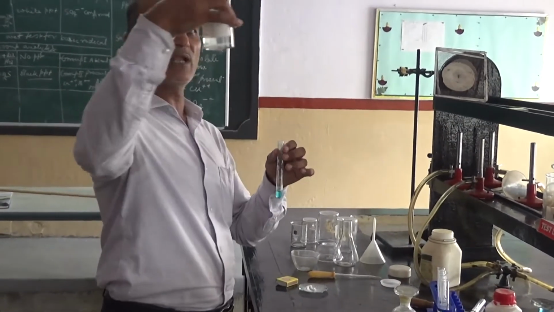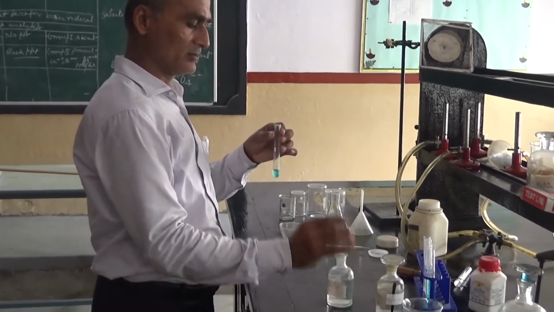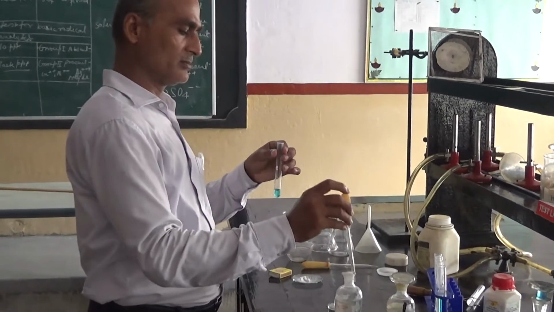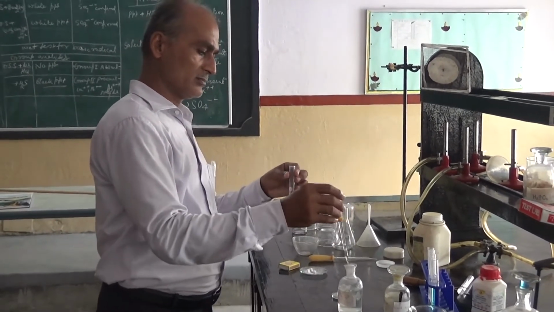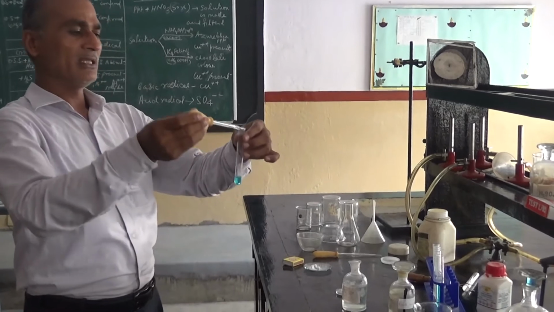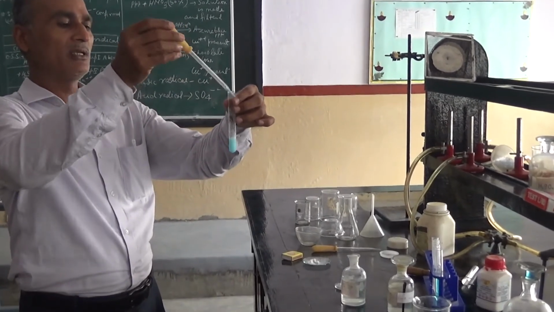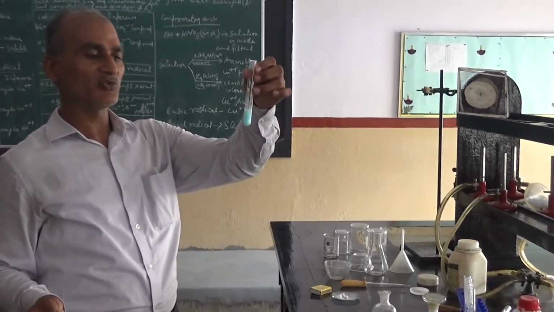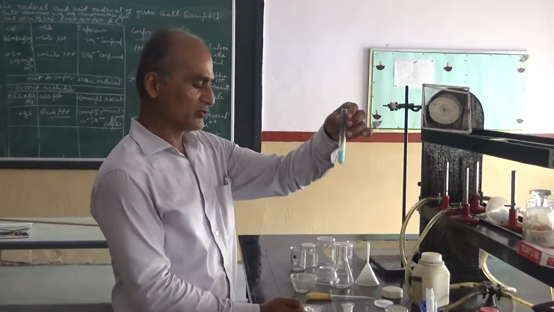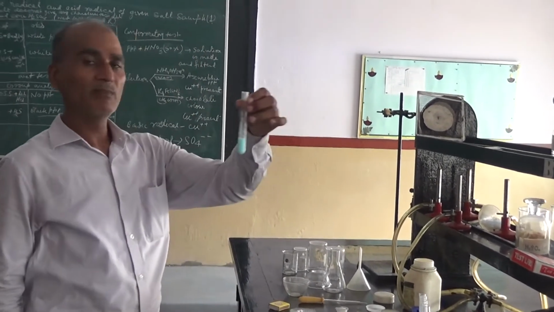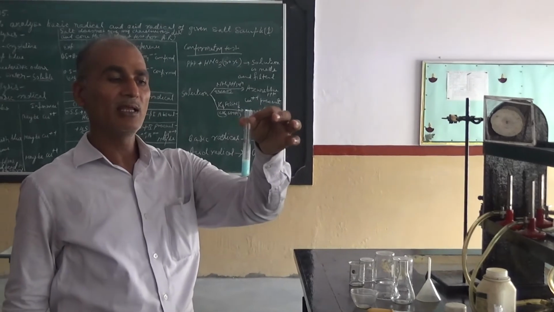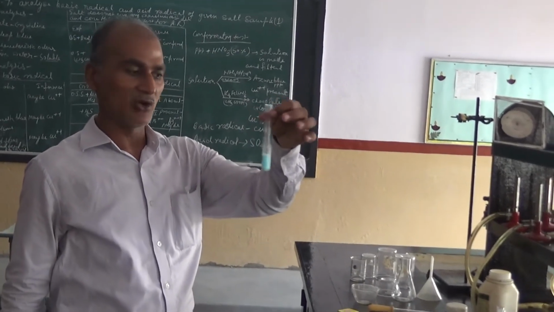This is your barium chloride solution. In the given salt solution, you can observe it turns into a white precipitate. This white precipitate confirms that the given salt is a sulfate salt.